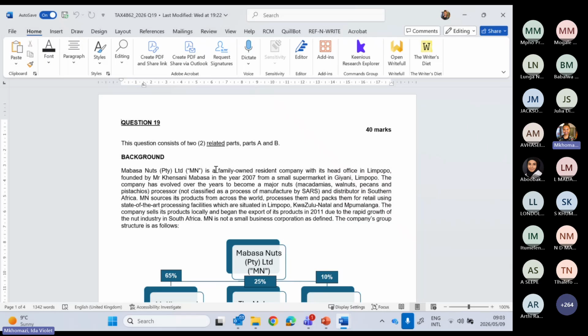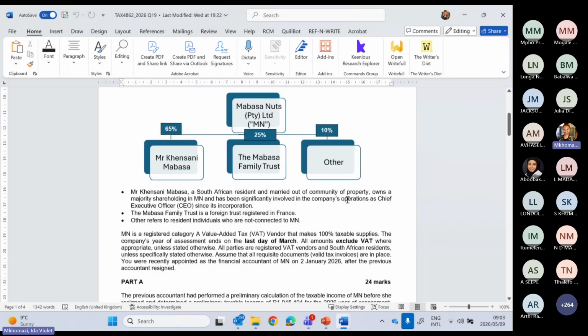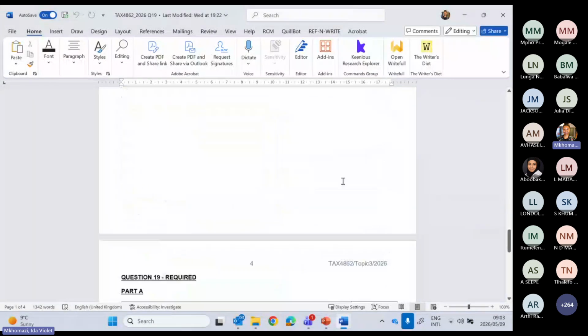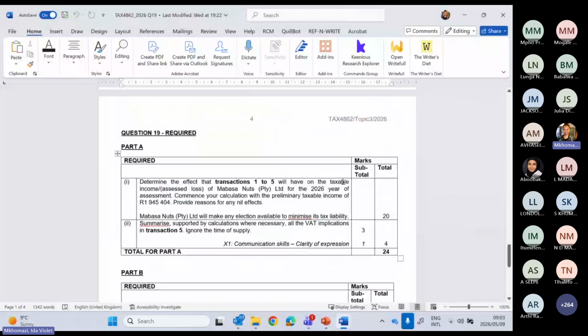We have part A and part B. And when I do a question, I like to start with the required so that when I look at the question, I think of it from the required's point of view. Remember at the beginning, I mentioned that some of the common mistakes that students make is on time management.